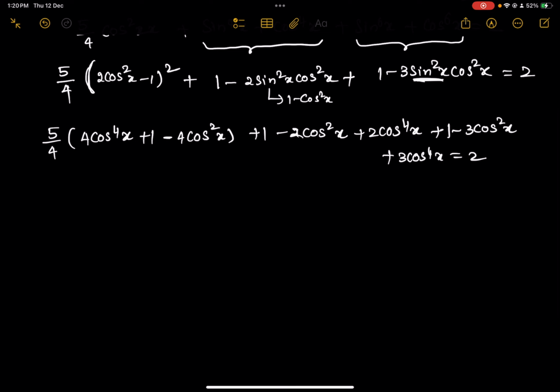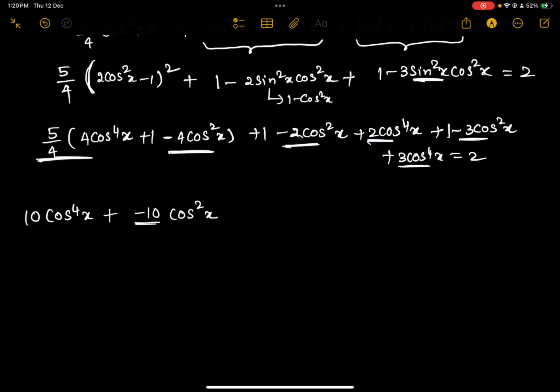Understood? Now let us separate out the terms. The coefficient of cos power 4x: here it is 5, here it is 2 and here it is 3, so it will be 10 cos power 4x. For cos square x, the coefficient is minus 5, minus 2, minus 7, minus 3, minus 10.